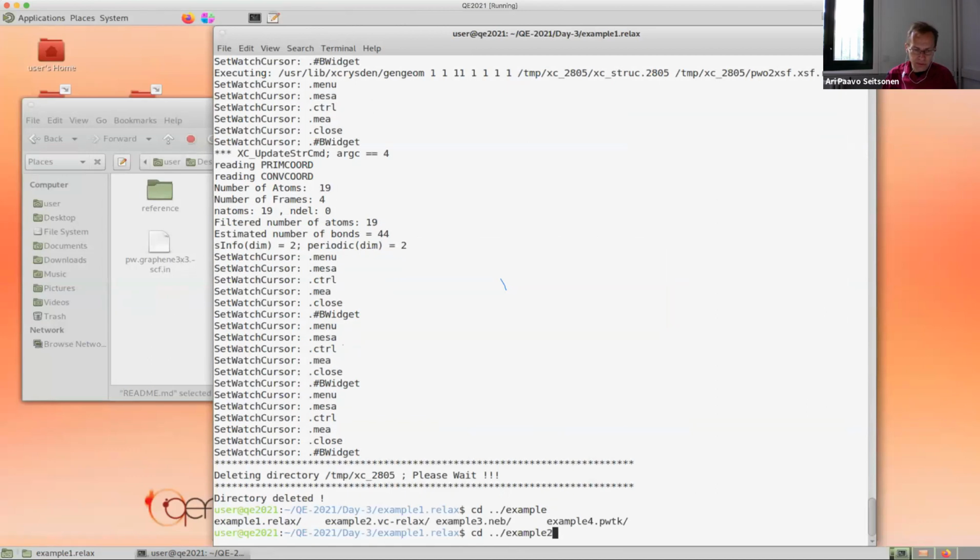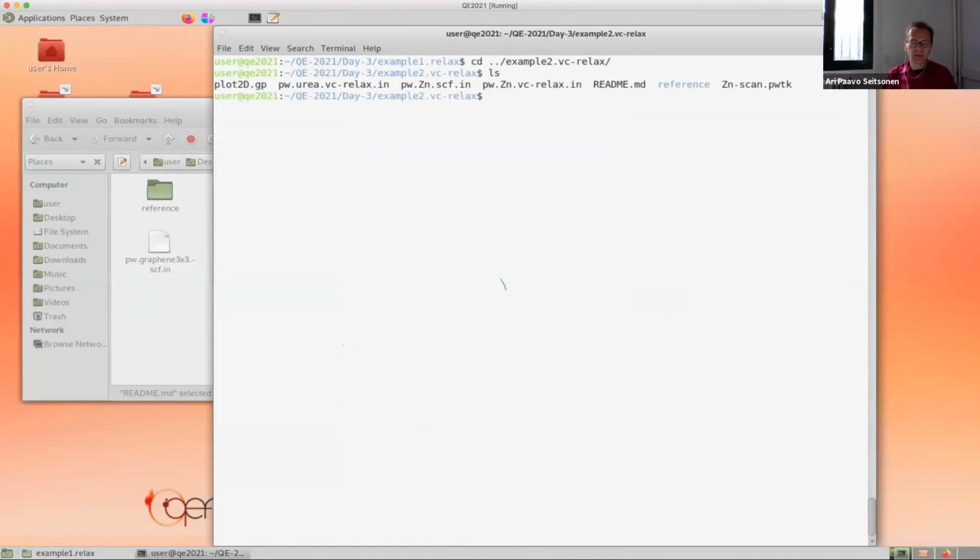So, the first example. The first way to calculate was this two-dimensional potential on the surface. There we use the SCF. Actually, we could even use relax, but there is nothing to relax. Due to high symmetry, the coordinates will have zero forces by symmetry.